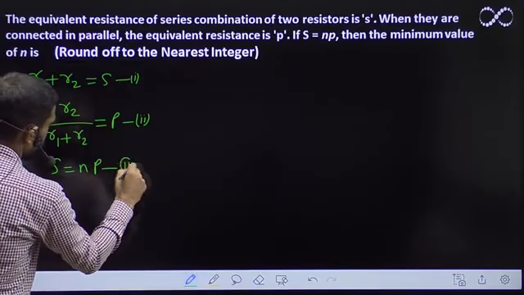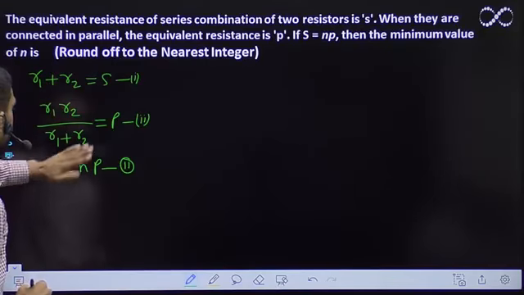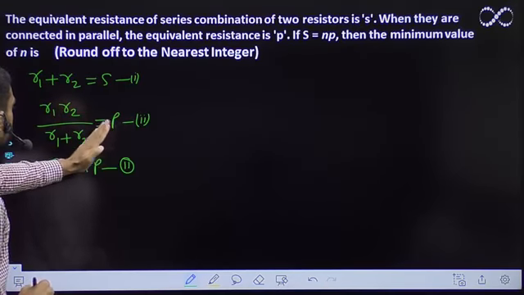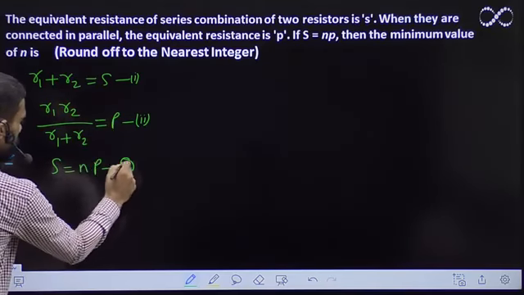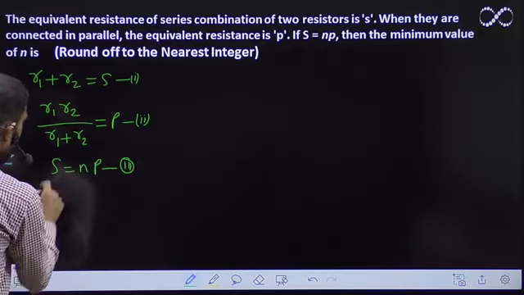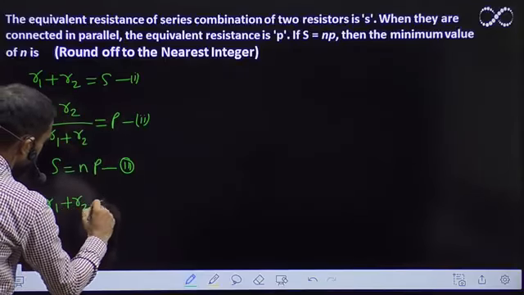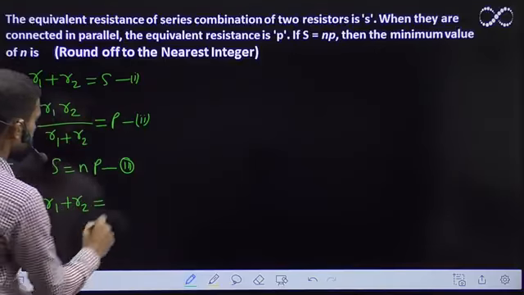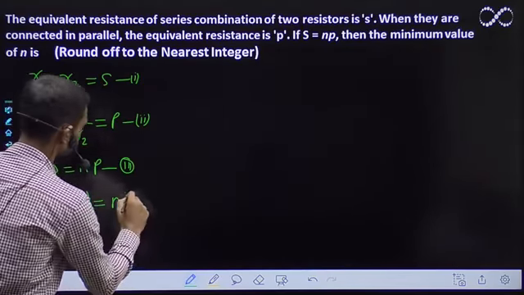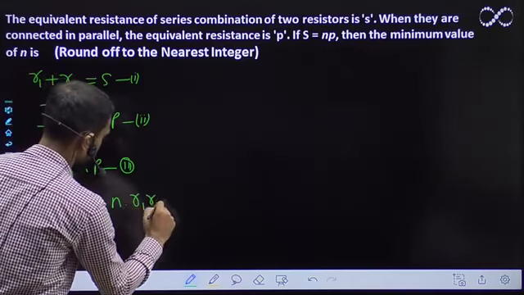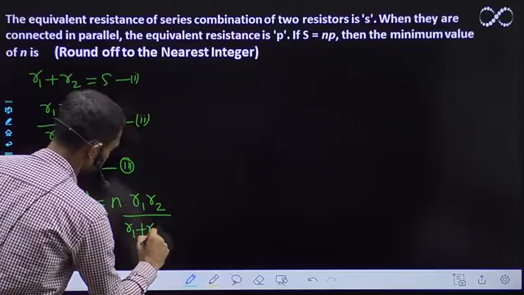This is equation 3. So from here, I can take the value of S from equation 1 and P from equation 2 and put in this, and I can put this in equation 3. So I will get here S is equal to R1 plus R2 is equal to N times this, and P is equal to R1 R2 divided by R1 plus R2.